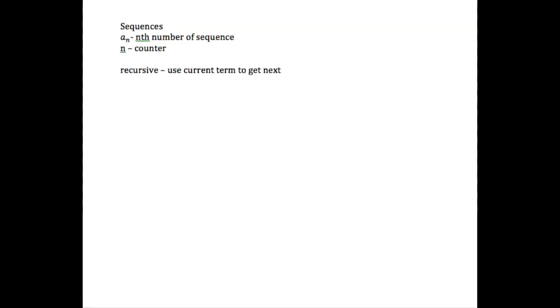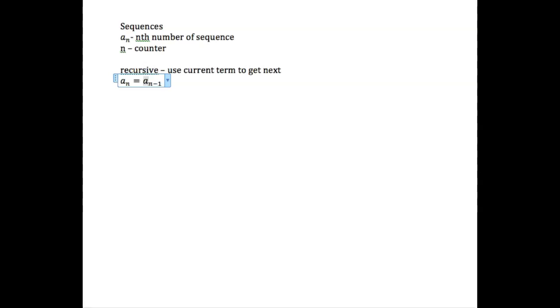An example of that looks like this. If I have a_n equals, well, let's see. If I'm on term a_n, I'm going to use the one that came before that. So that's the n minus first term, a_(n-1), and I'm going to do something to that to get the next term.